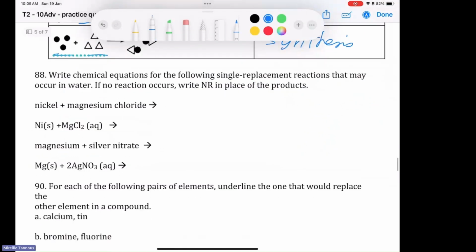Okay, now again, write if the following there is or there is not a reaction. Again, you need to use that list.